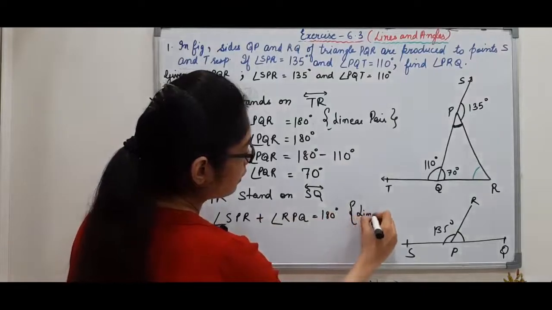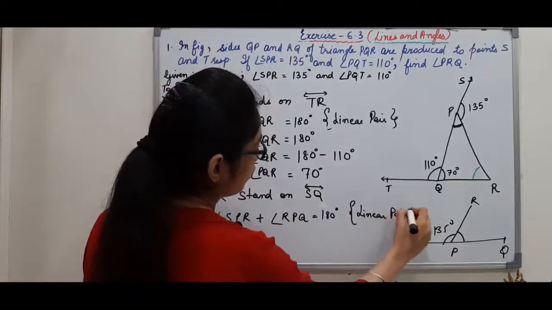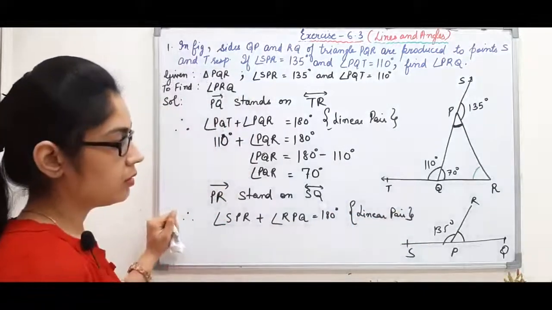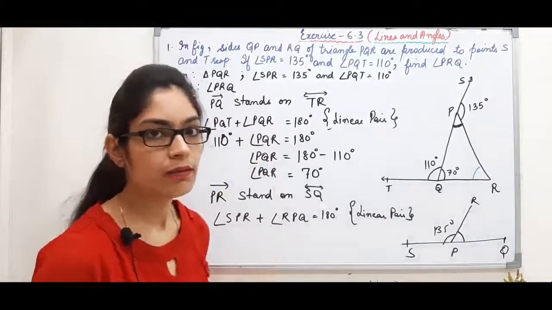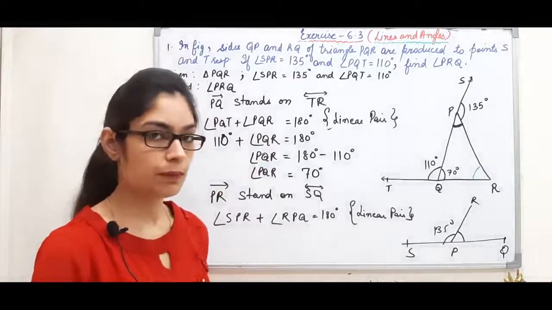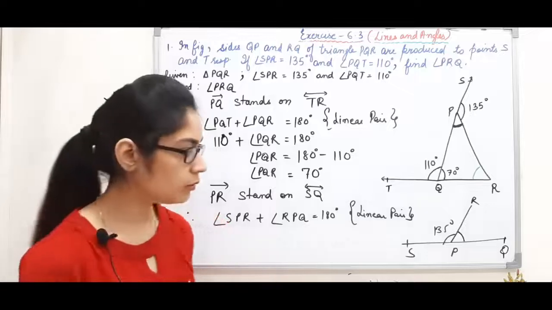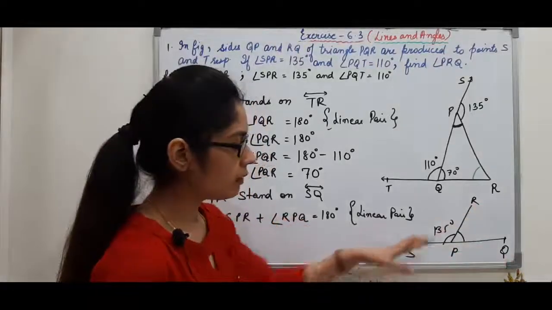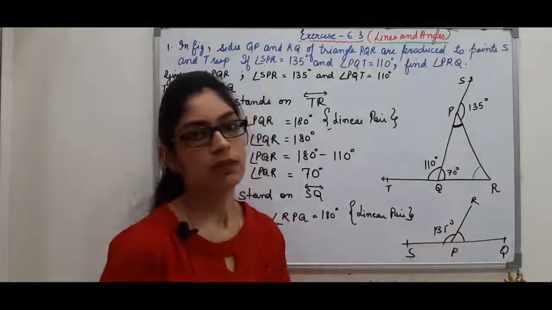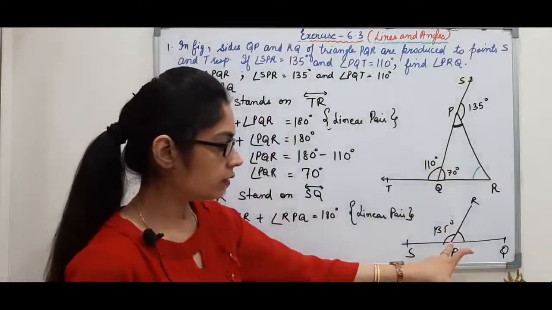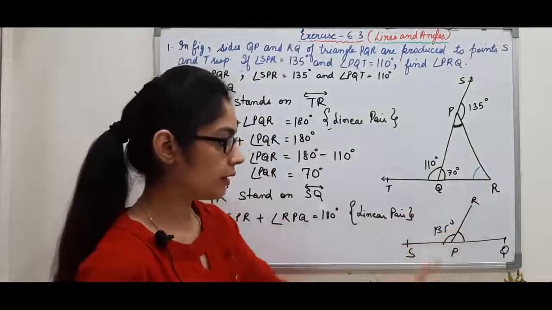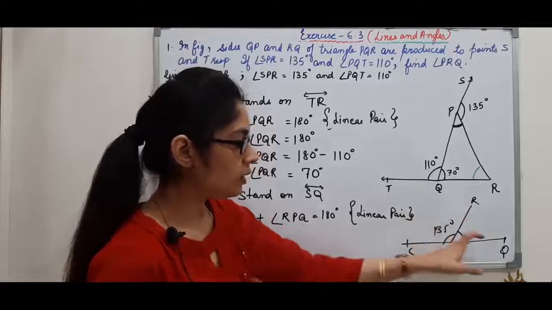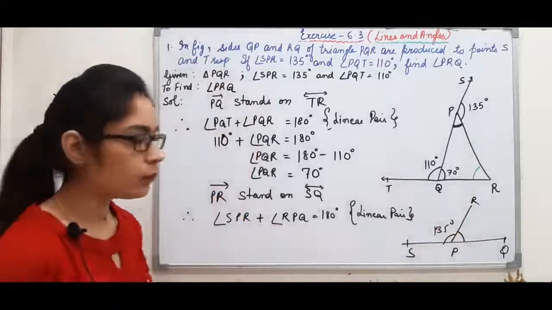Reason we can mention: linear pair. So now you are completely aware of the concept of linear pair, because from exercise 6.1 we are using it. See, on a straight line when a ray stands, the sum of the adjacent angles, see, adjacent angles share a common vertex and common arm, so the sum of the adjacent angles is equal to 180 degree.